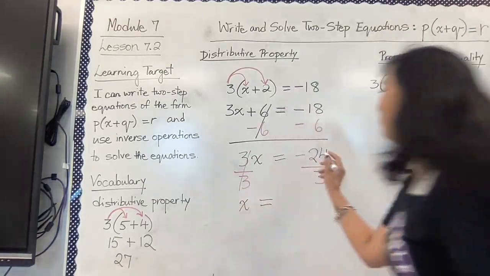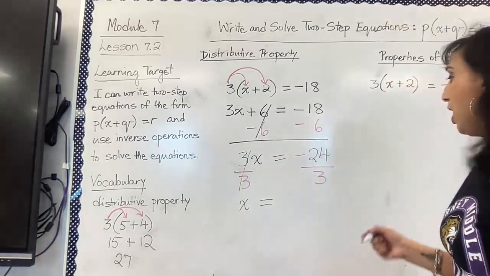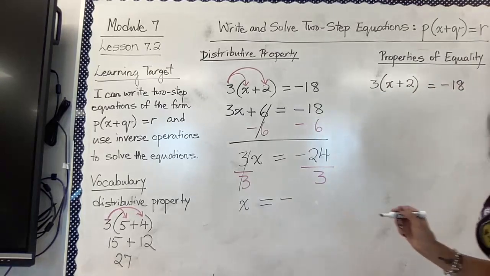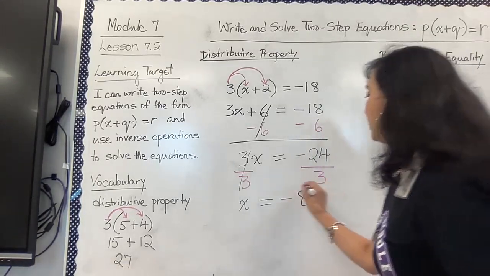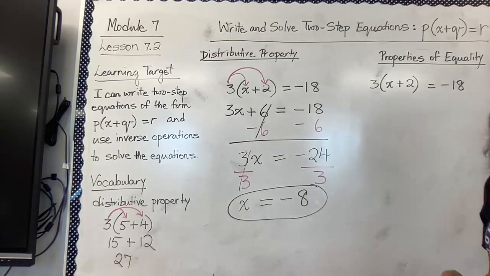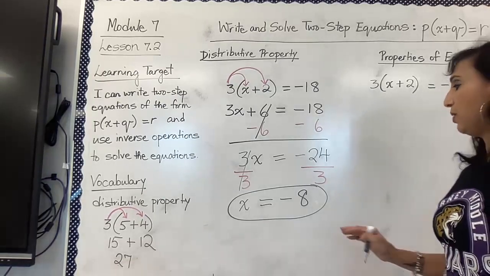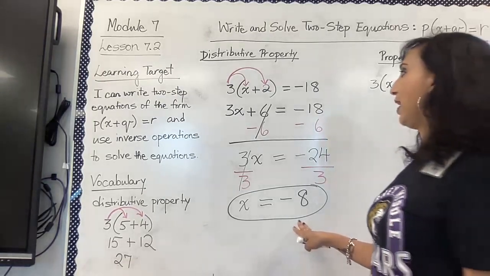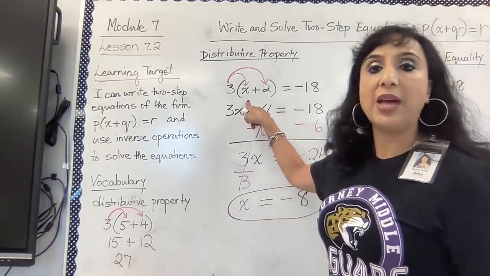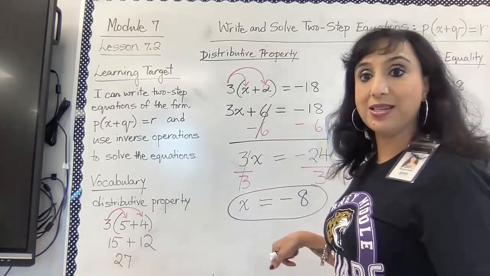Negative divided by positive gives a negative quotient, and 24 divided by 3 is 8. So x is equal to negative 8. This is the distributive property method. Of course, we can check our answer by substituting negative 8 for x and solving it, and we will end up with exactly the same answer.